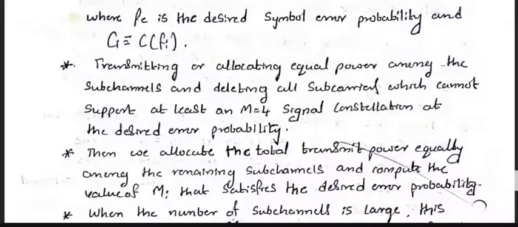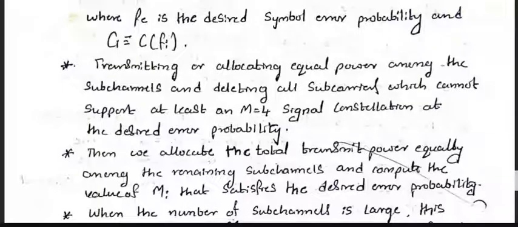So what we have to do here is, whichever subchannel it is, it should be able to support at least the messages we are having. For example, we have considered b_1 is equal to 2, that means 2 bits, and 2 bits means M_1 is equal to 4 messages.